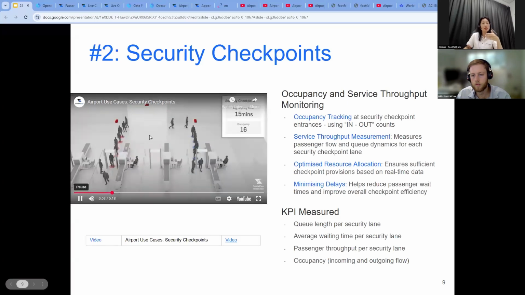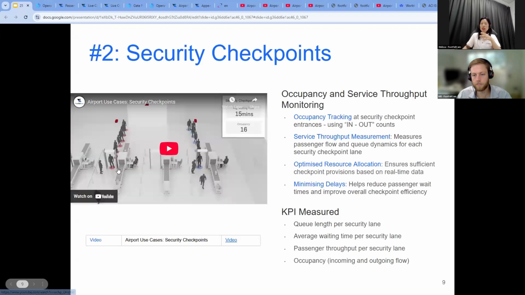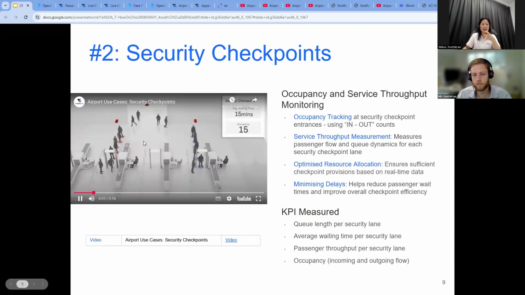This gives real-time visibility into how many passengers are queuing and entering this area at any given moment. Second, we measure the service throughput, which is how efficiently each lane is processing passengers.